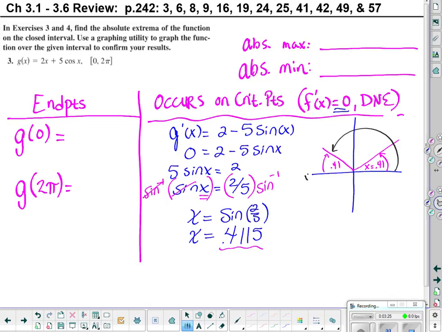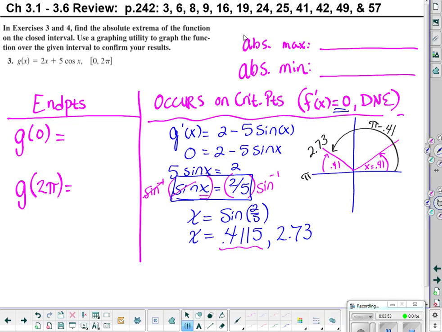We know this is pi, so I take pi and subtract 0.41 from it, getting a value of 2.73. So I pick up another x value because of the way the unit circle works. There are two locations where sine of x will equal a positive 2/5.